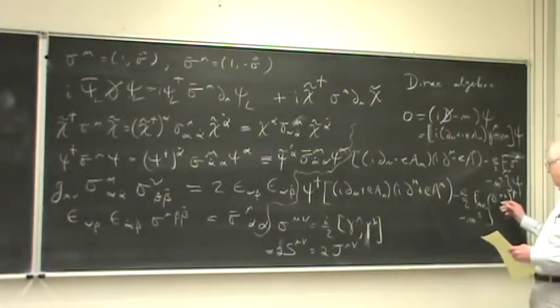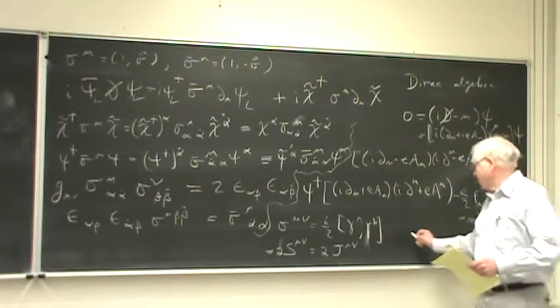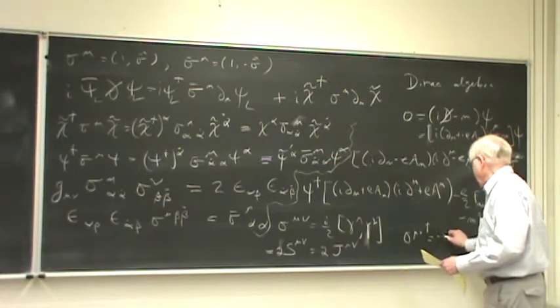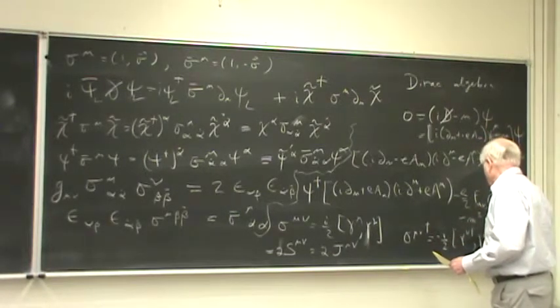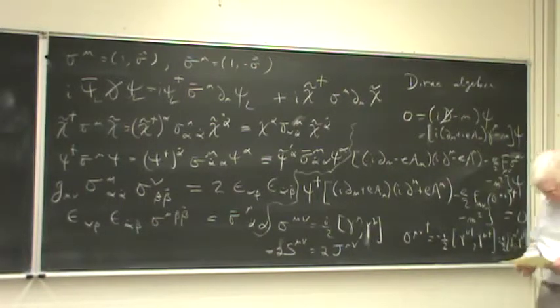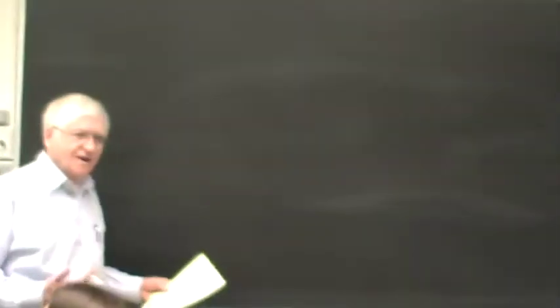That's the σ^μν for here. We have to take the adjoint. Now σ^μν adjoint is, of course, minus i over 2 γ^ν adjoint, γ^μ adjoint, and we can simplify that a bit by saying i over 2 γ^μ adjoint, γ^ν adjoint. Watch me like a hawk during these steps, because I've got a minus sign relative to the text.